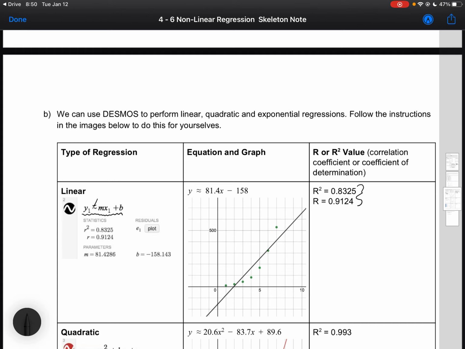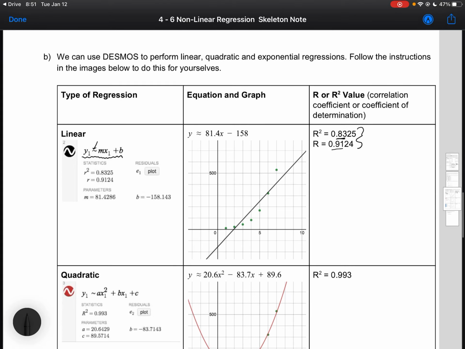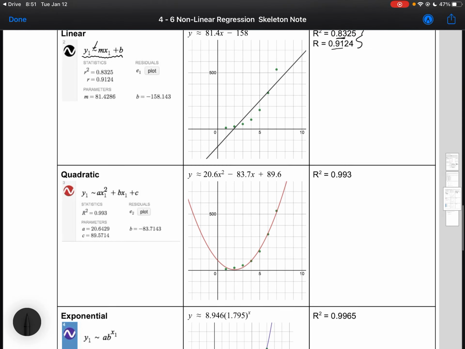Desmos will also give you your coefficient of determination and correlation coefficient because we are trying to fit a line here. Our R value here is actually quite high, 0.91. But when we look at R squared, we can see that it only accounts for 83% change.